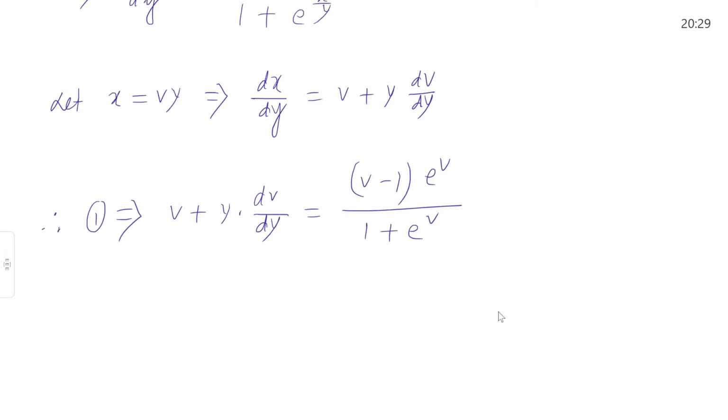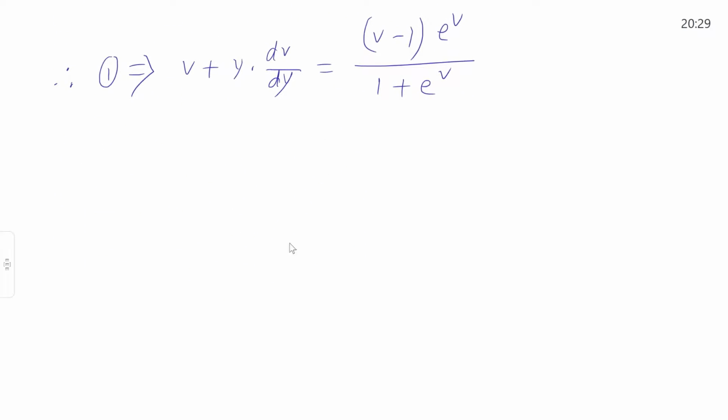Clear. Next, v shifts to the right hand side, this implies y into dv by dy is equal to, completing the product, v e to the power v minus e to the power v divided by 1 plus e to the power v, minus v.